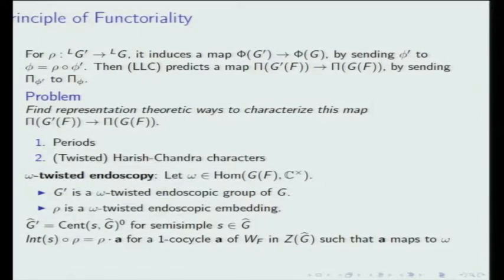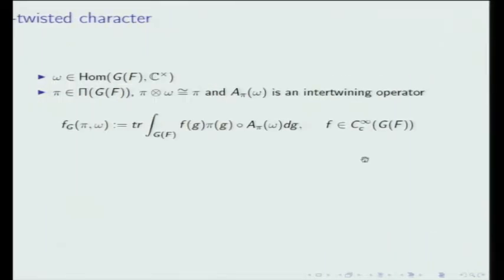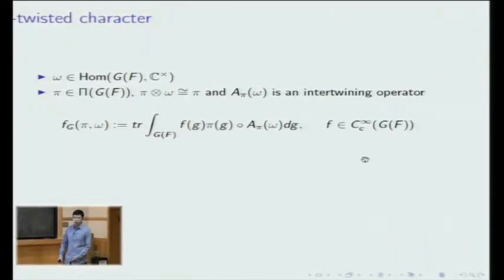Okay. Now I want to recall a little bit about this omega-twisted Harish-Chandra character. Suppose you take an irreducible representation and suppose it is invariant under a twist by omega. Then you have an intertwining operator and you can define this twisted trace.